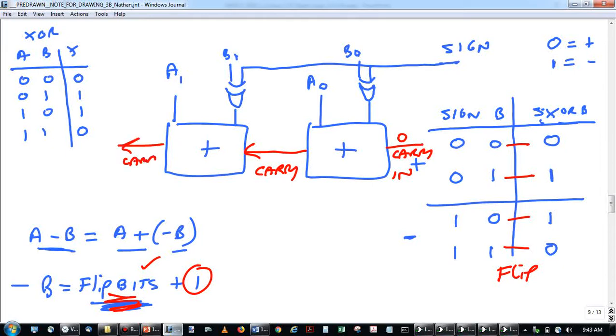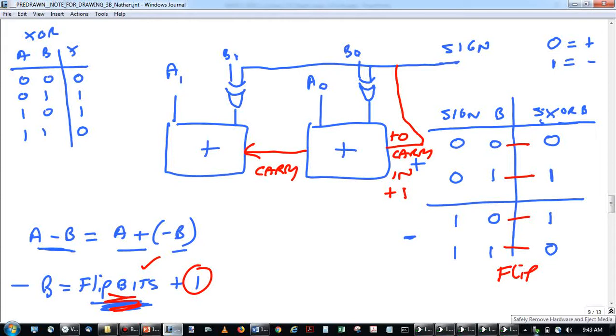So instead of making this 0, let me just plug in the sign bit here. When the sign bit is 0, what am I adding? 0. When the sign bit is 1, I'm adding 1. That's pretty nice, right? What we wanted to do with our addition unit was modify it a bit so that it also lets us do subtraction.